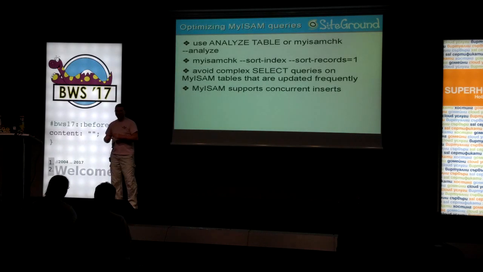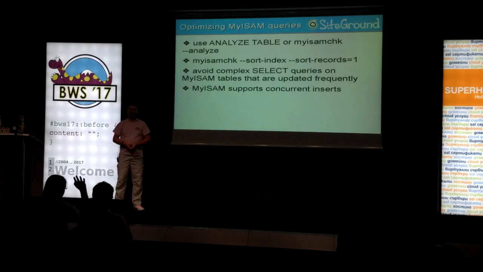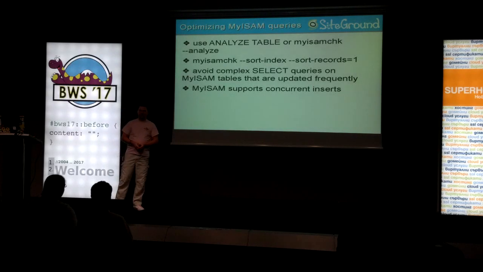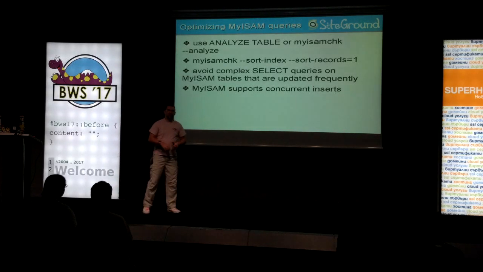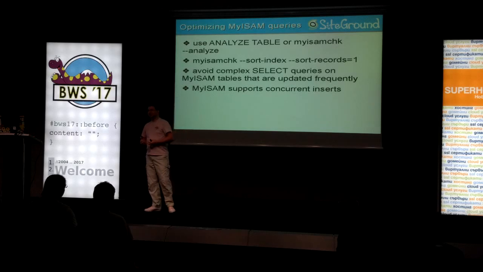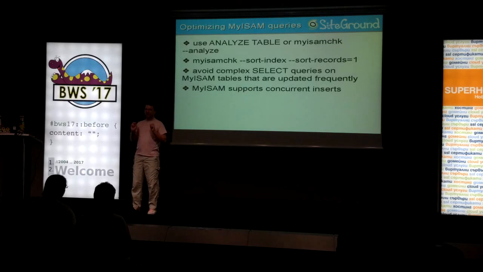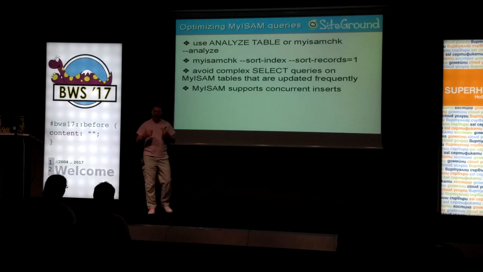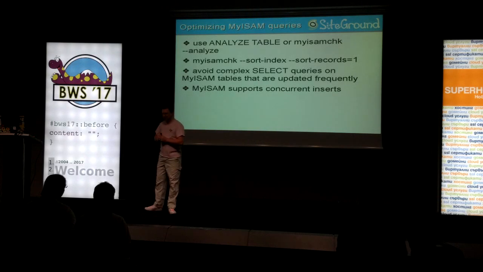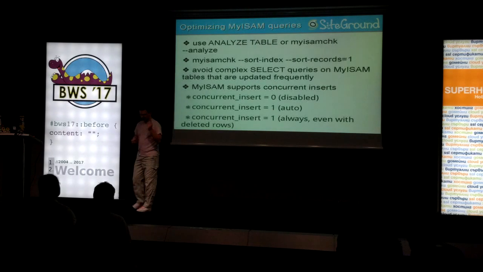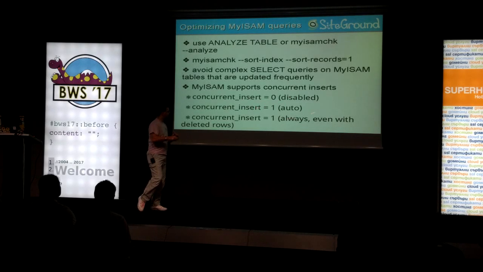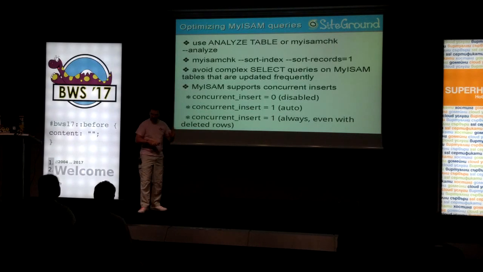How many of you know about concurrent inserts? 1, 2, 3 people? So MySQL supports concurrent inserts similar to what MongoDB does, but it's a hack. So you can append to the back of the table simply by setting an option. By default it is auto detected.